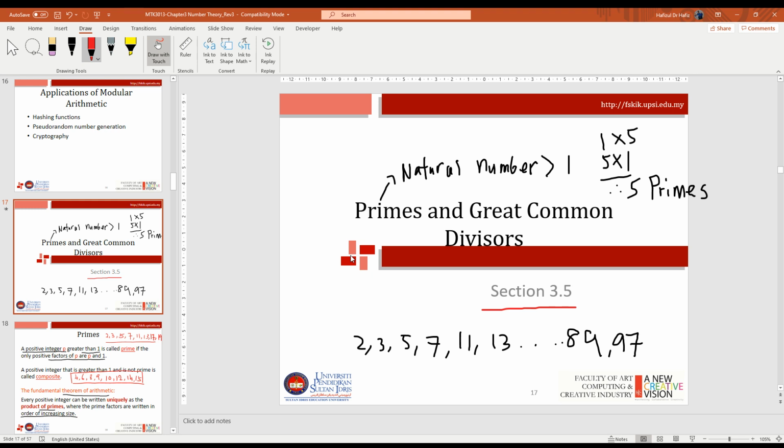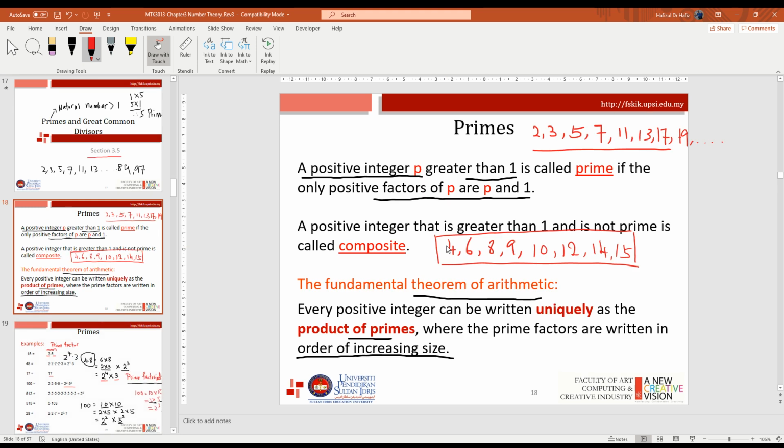We have the prime, which I have explained, and then we have the GCD, greatest common divisor. A prime number is a positive integer greater than 1. It is called prime if the only positive factors of p are p and 1. A positive integer greater than 1 that is not a prime is called composite.